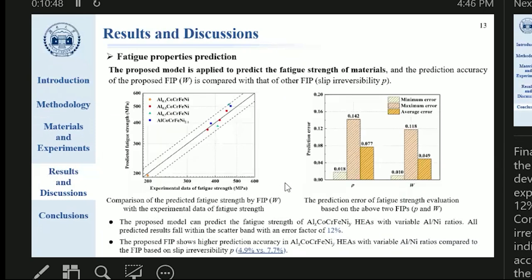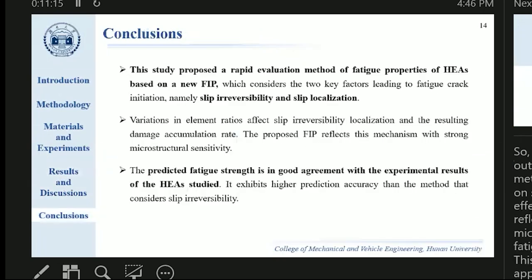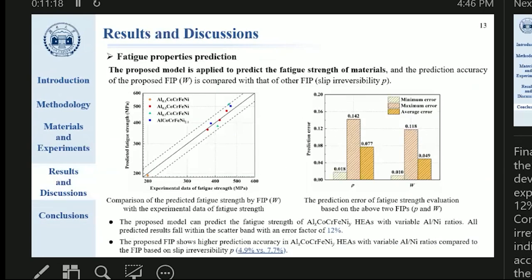Finally, we use our model to predict the four HEAs' fatigue strength. The deviation between the prediction and the experimental data is within 12%. That's reliable. Compared to the traditional slip irreversibility indicator P, our indicator W improves the prediction accuracy by 36%, as shown in the left figure.